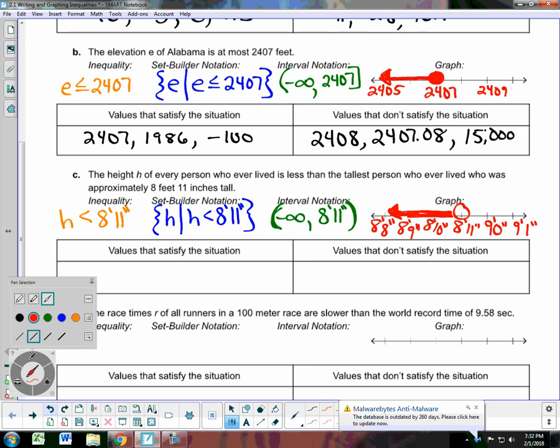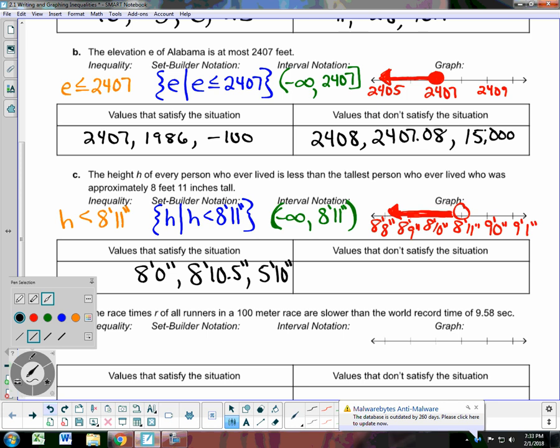Now, for values that satisfy the situation. All right, somebody who is 8 foot tall, 0 inches, that person would satisfy, that person was shorter than 8 foot 11. Even 8 foot 10 and a half, that would be okay. Even, I'm 5 foot 10, my height would satisfy the inequality.